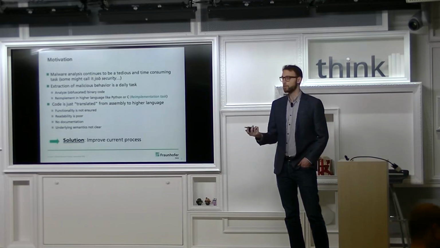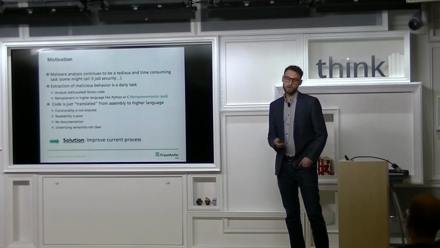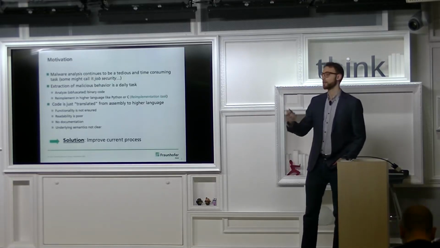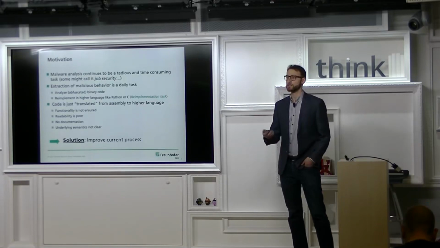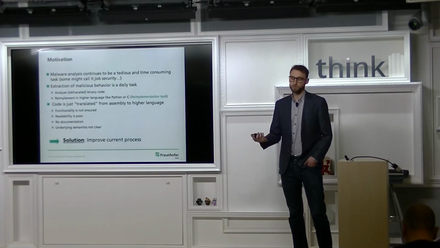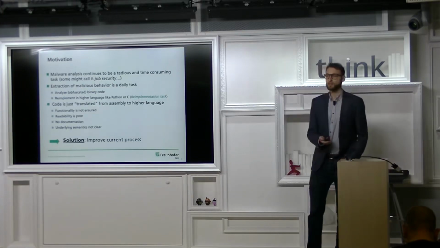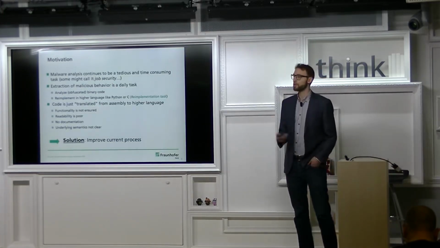And what you usually would do is you analyze the probably obfuscated binary code, and then you re-implement it in a higher language like C and Python in order to be able to execute this behavior. What many people do, and I count myself in because I do it sometimes as well, is that you are a poor decompiler.